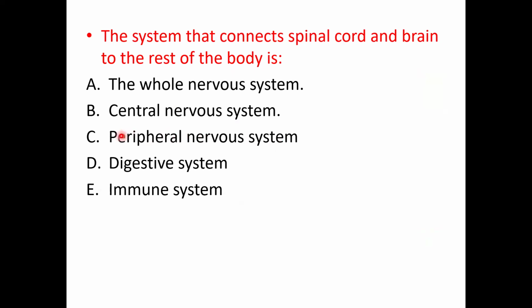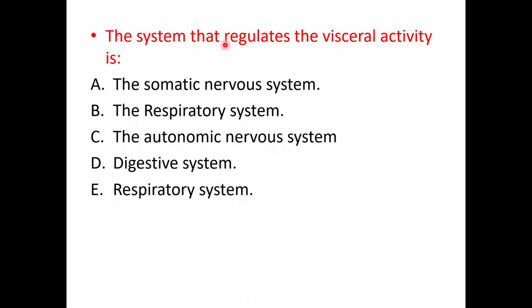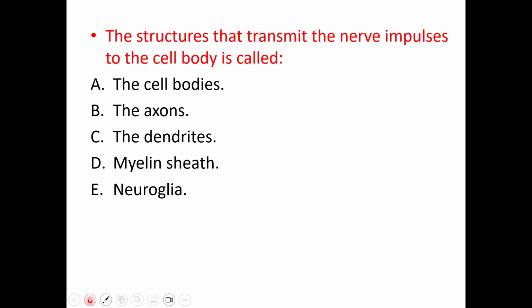Peripheral nervous system, number C. The answer is number C. Please follow this strategy in all the following questions. Question number 2, the system that regulates the visceral activity is, yes, number C, autonomic nervous system. Yes, this system regulates the visceral activity.